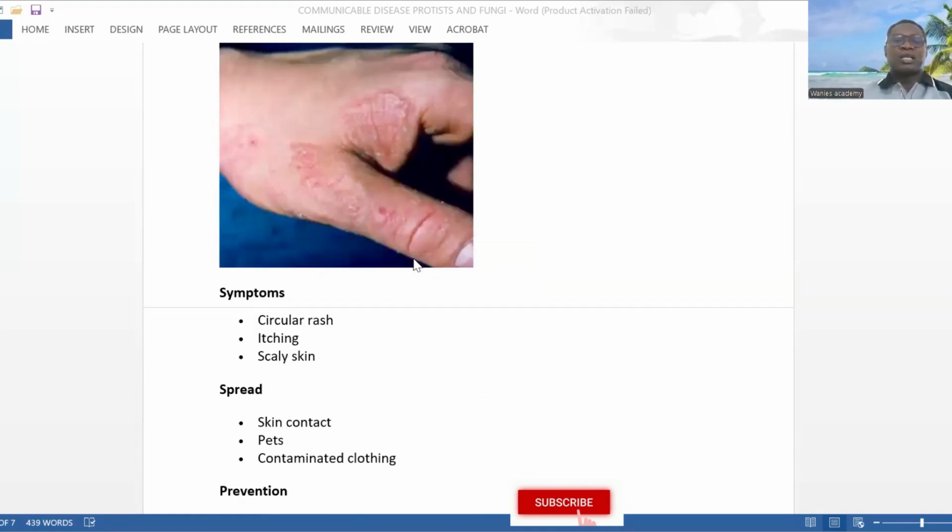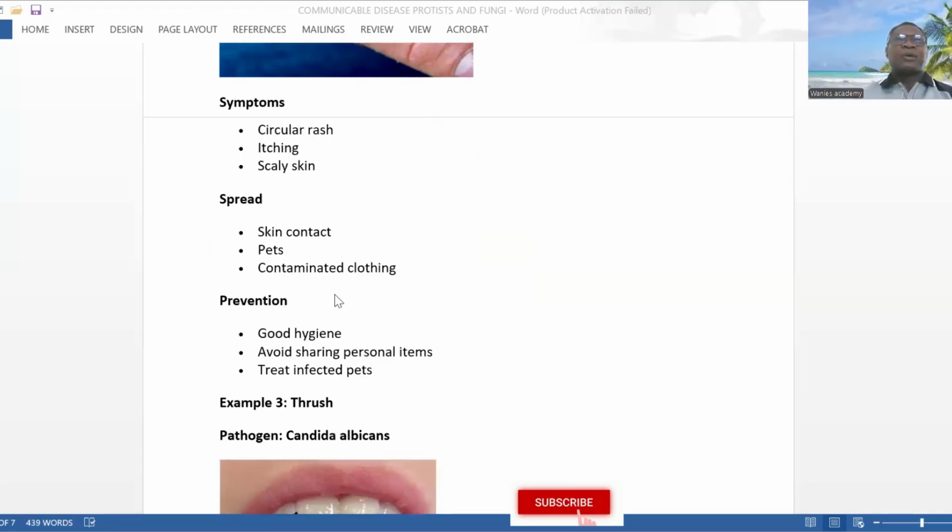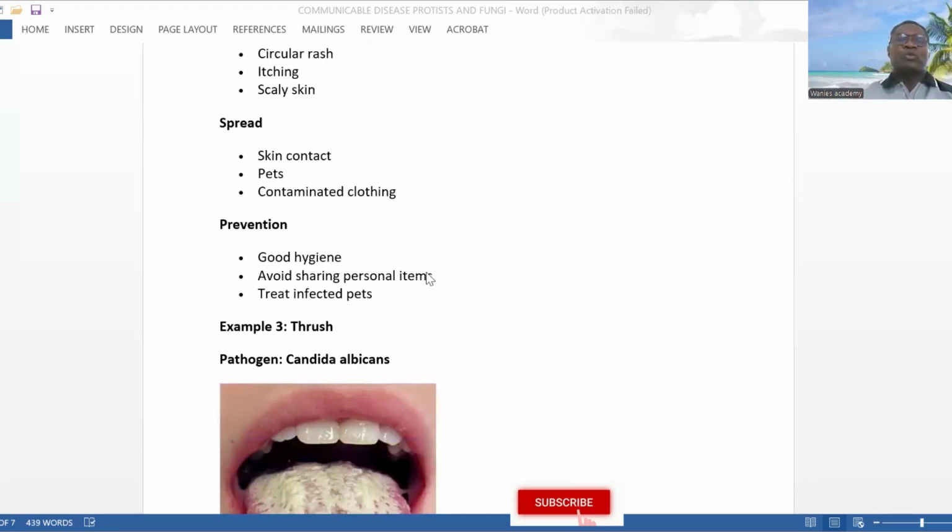It also leads to scaly skin. Ringworm is spread by wearing clothing worn by an infected person, or carrying and rubbing infected pets around the body. It can also be prevented by eating good food and wearing good clothing. Maintaining good personal hygiene will prevent the spread of ringworm.